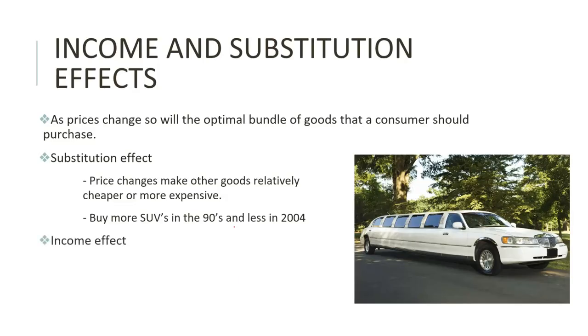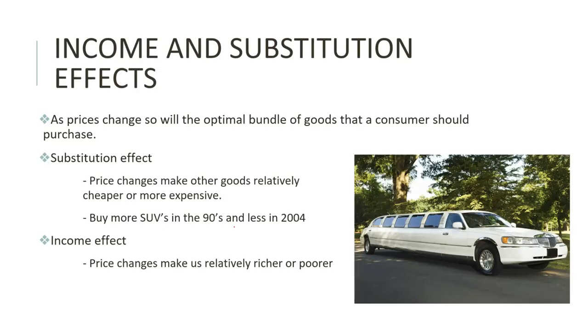And then the income effect doesn't have to do with your changing income. It has to do with how much stuff the income can buy. So price changes make us relatively richer or poorer. So if you're asking, is $10,000 a year a good salary? Well, it just depends on how much stuff costs.